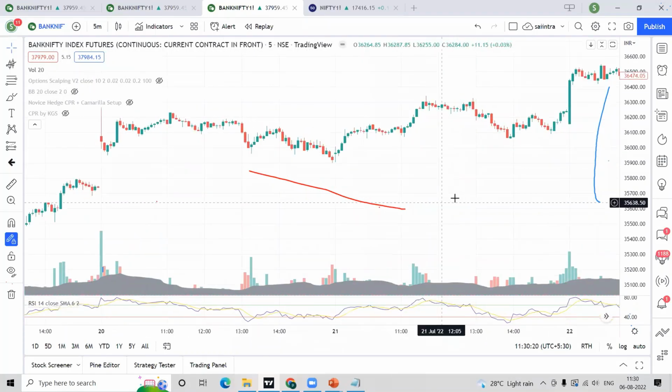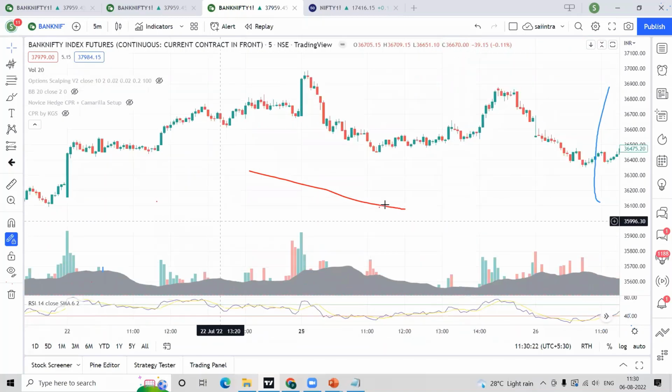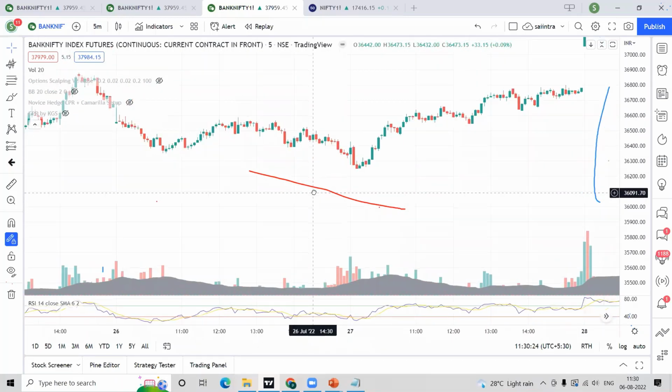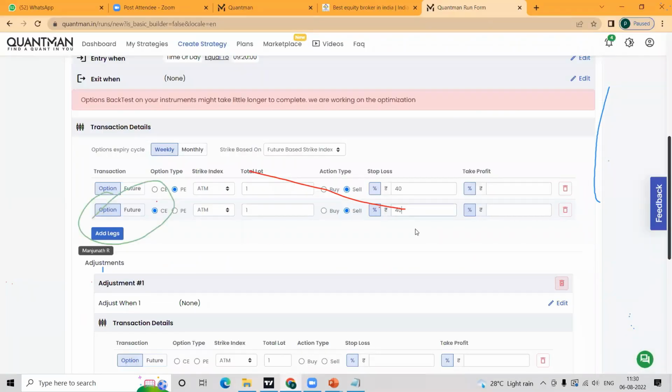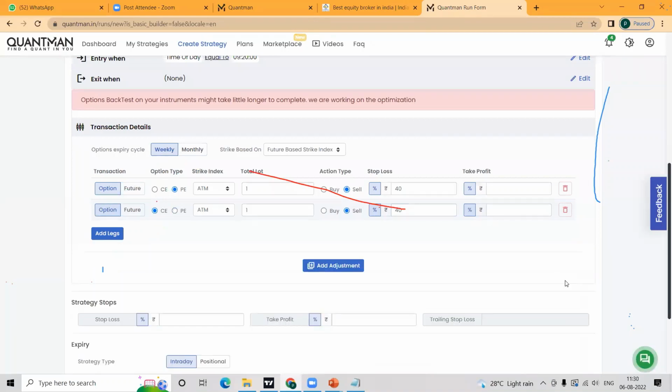So if the market trends, we will lose a hell of a lot of money because we are option selling. We are getting a small premium. If the market moves very violently, we are going to lose a lot of money. So for safety's sake, we are going to put the stop loss at 40%.